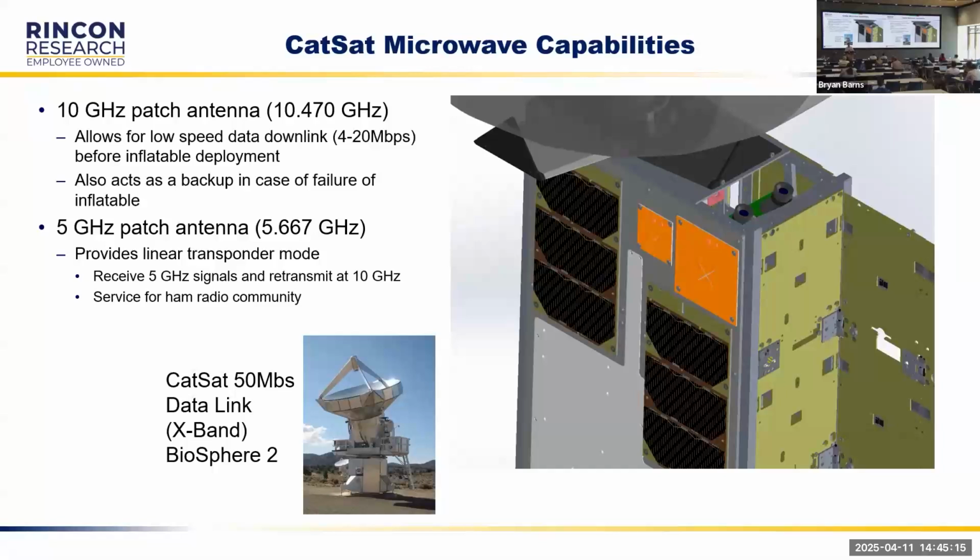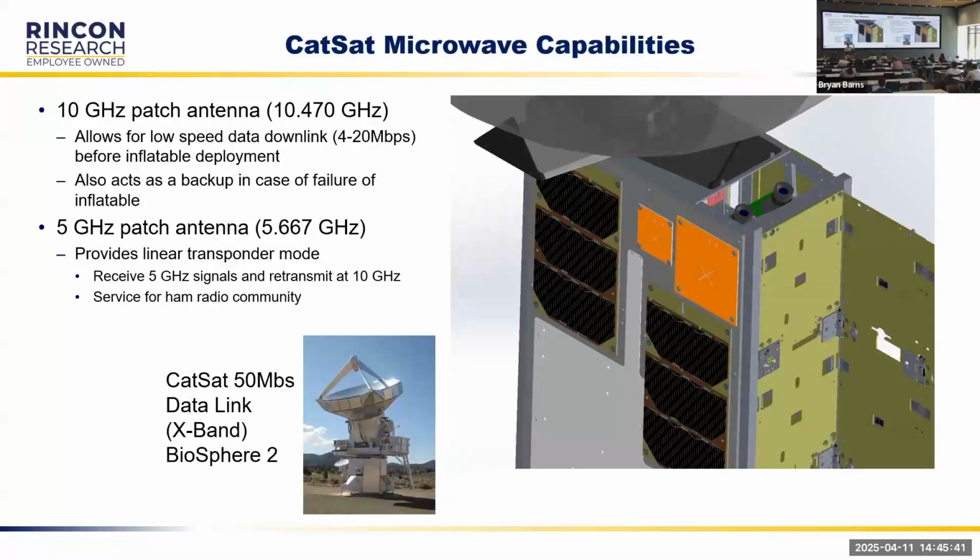Next to the small 10 gigahertz patch antenna is a larger 5 gigahertz patch antenna that provides the ability to transmit up to the spacecraft, but it's really a loop back. It provides a service for the amateur radio community. If you're a ham, if you have your license, actually just this morning we turned it on for the first time and it worked great.